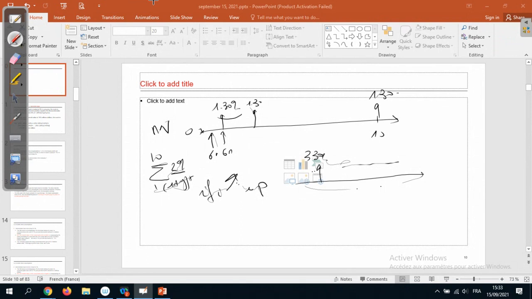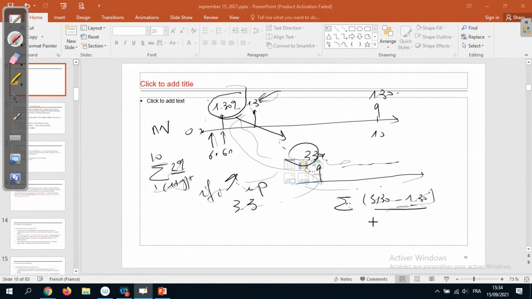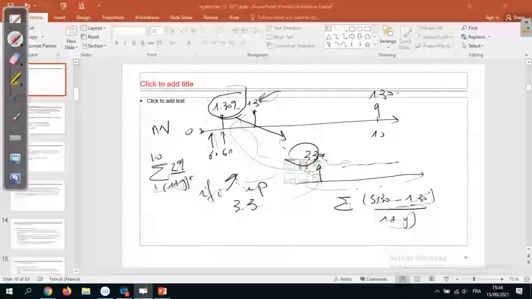What changes the market value is that instead of your contract paying 1, the new one pays 3. If you want to buy this one, you have to pay the sum of 3.3 minus 1.30, discounted, present value.